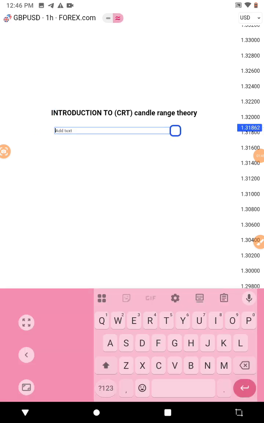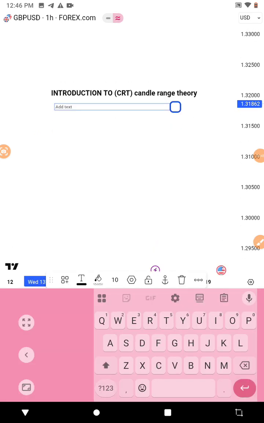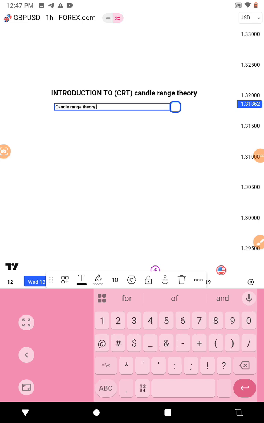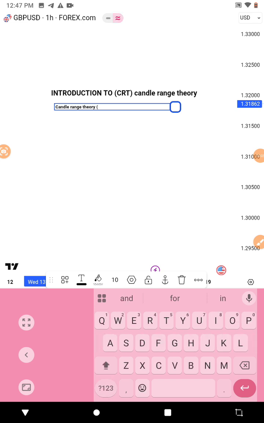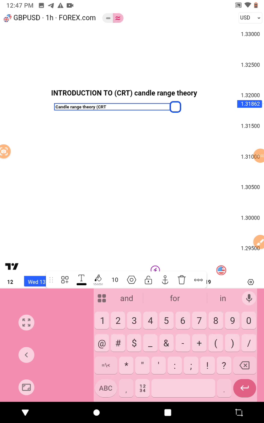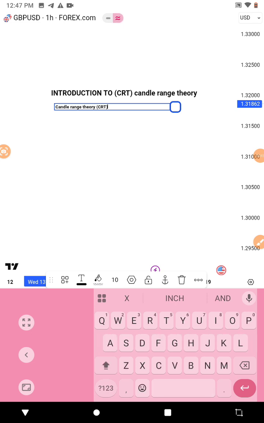Candle range theory, which is CRT. You can jot it down. Use your pen, your book, because it's a very good private course.